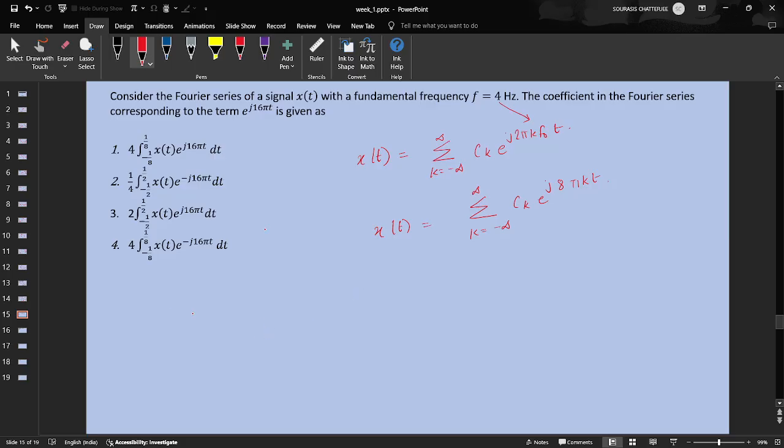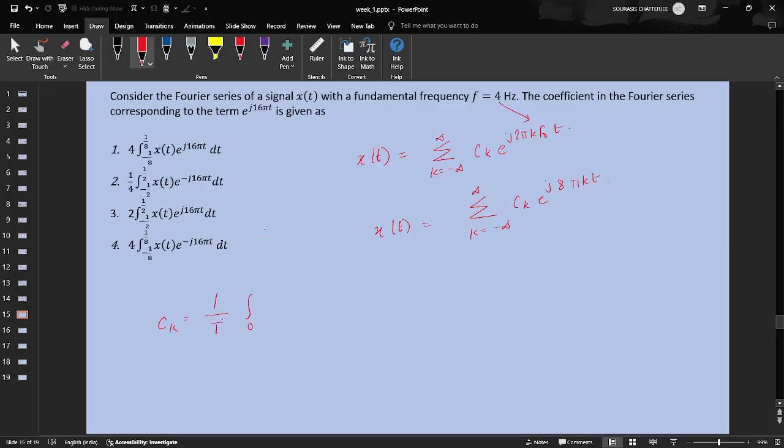Now, in the previous slide we have seen that if we are willing to obtain the kth coefficient corresponding to the complex sinusoid at the kth harmonic of the fundamental frequency, you can do it just by this formula: 1 over t naught.